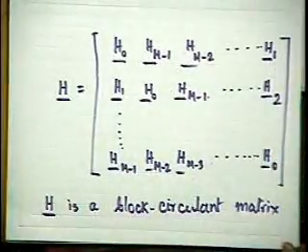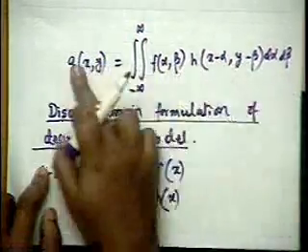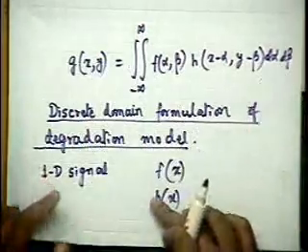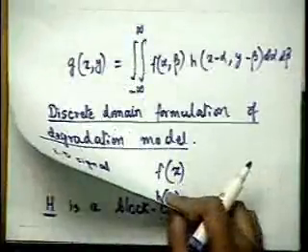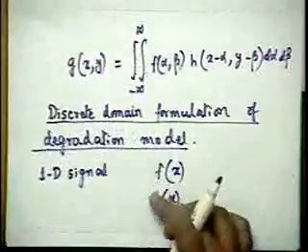Now, what we did so far was nothing but the same convolution expression for degradation, but instead of writing the convolution expression in the continuous domain, we are writing it in the discrete domain.